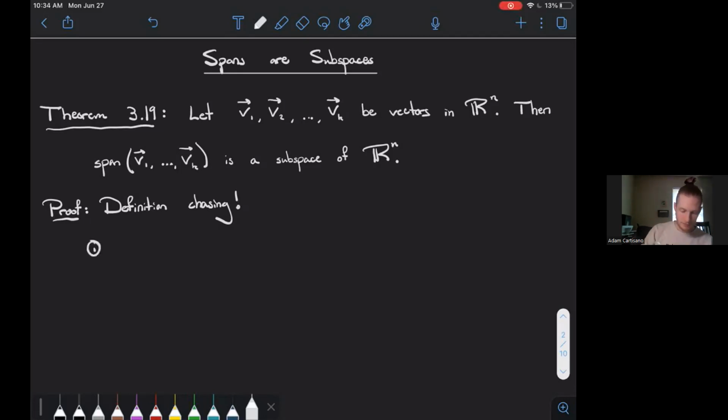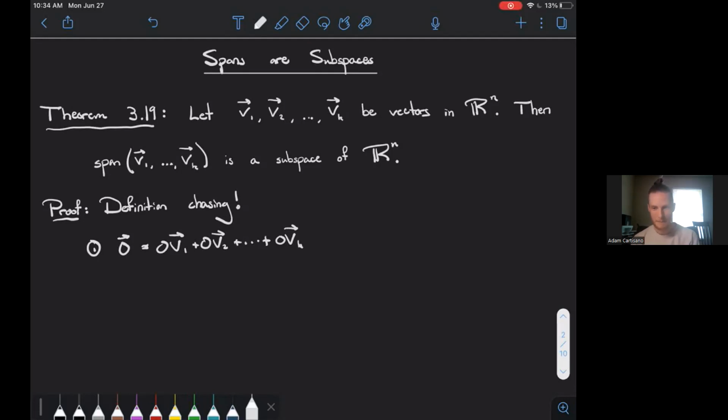Well, let me just do the first one real quick. The zero vector is 0v1 plus 0v2 all the way up to 0vk. That is a valid linear combination of these vectors.